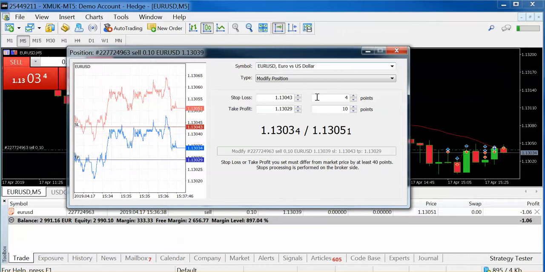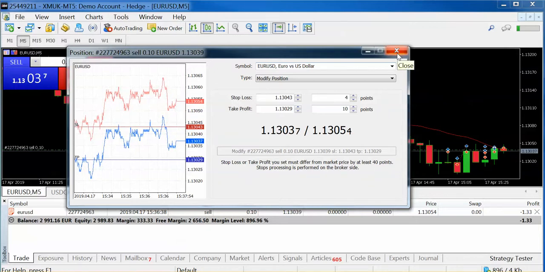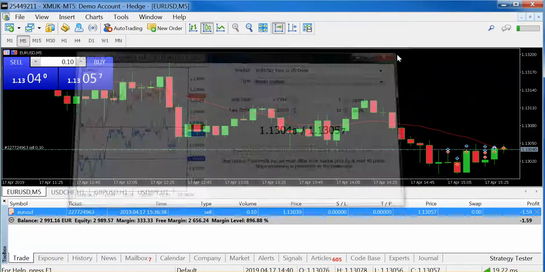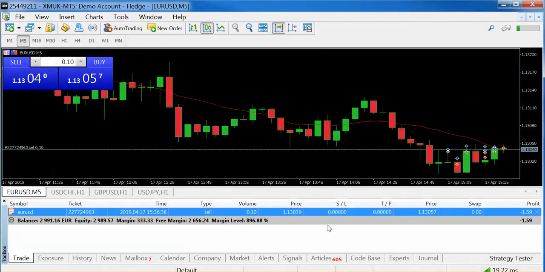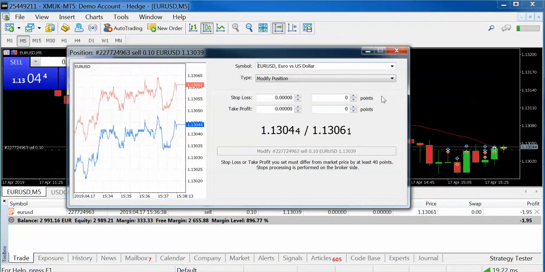We're modifying our position. There should be something that confirms that, or you should say okay, but I can't see it. So we're going to take that off and try that again because it didn't work. We're going to modify the position again.